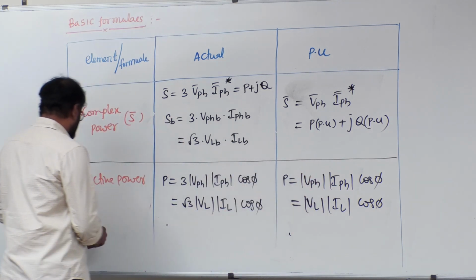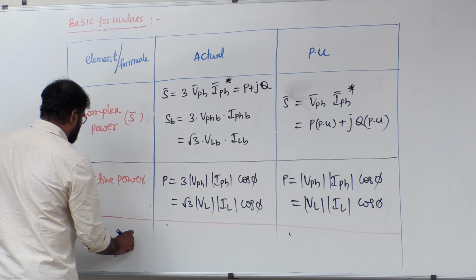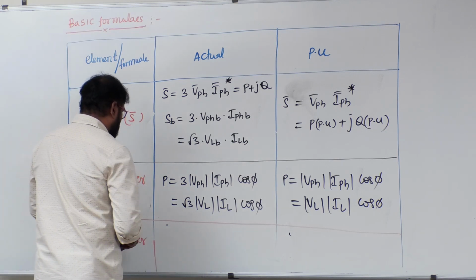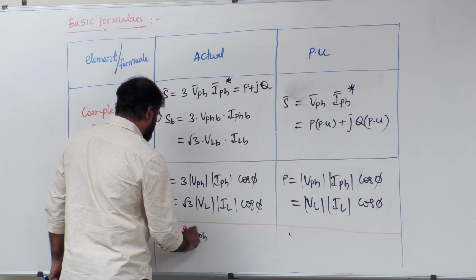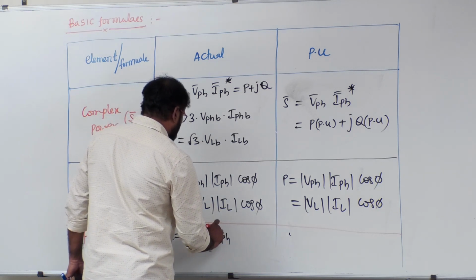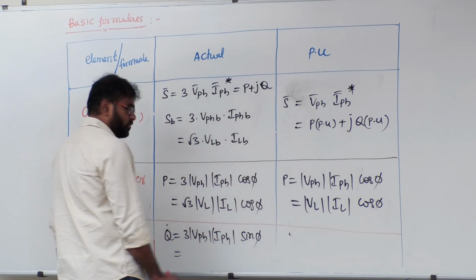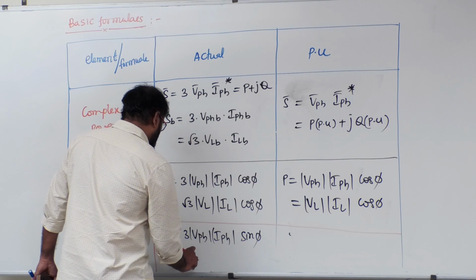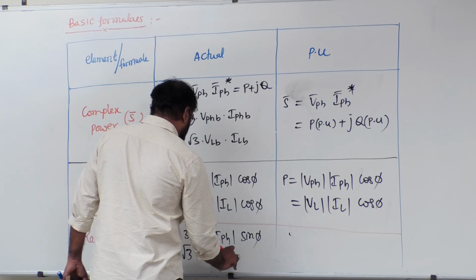Clear? Now what about reactive power? Reactive power formulas: Q equals 3 into V phase I phase sin phi. We can also write root 3 V line I line sin phi.